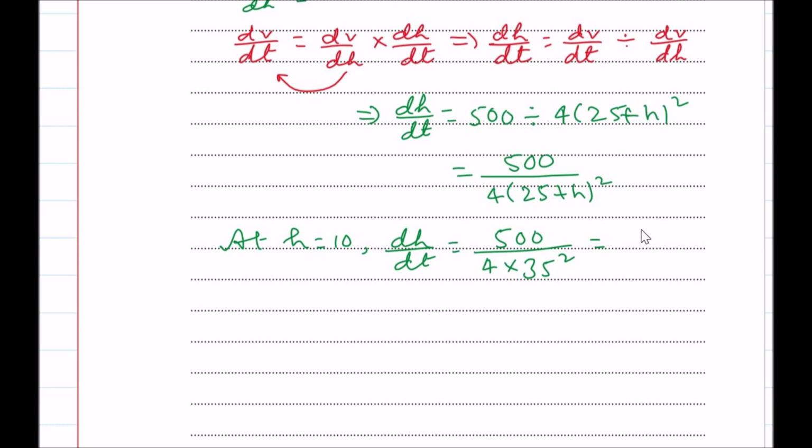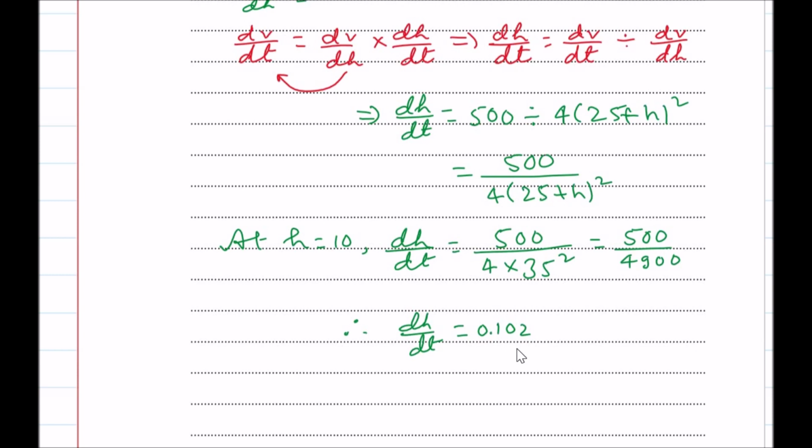What we are getting actually is 500 divided by 4900. So therefore dh by dt is equal to, we can write in 3 SF, 0.102 centimeter.